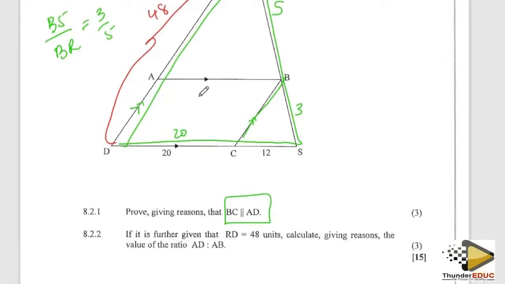Is that true? Yes. Calculate the ratio of AD to AB. So the ratio of that to that.